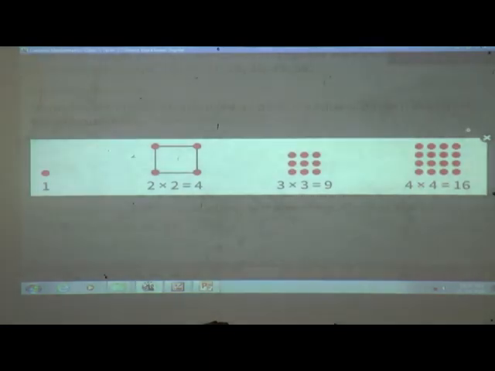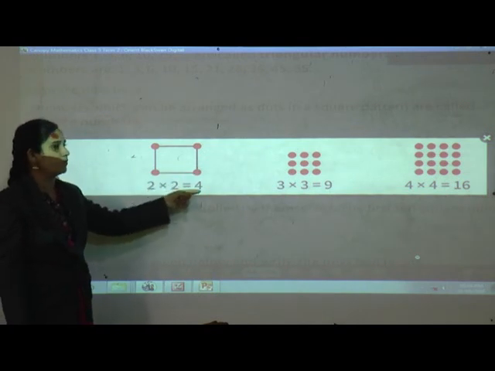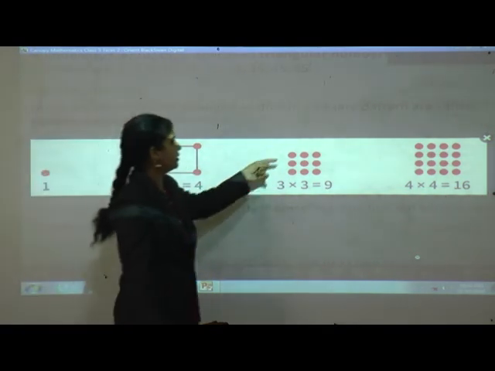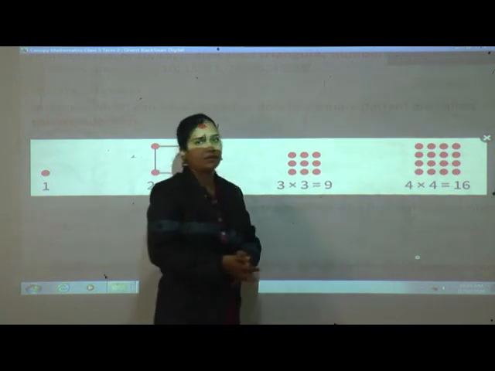Numbers which can be arranged as dots in a square pattern are called square numbers. See, 1, here 2, 2 makes 4 and 3. Okay, here 3 multiplied by 3, 9.